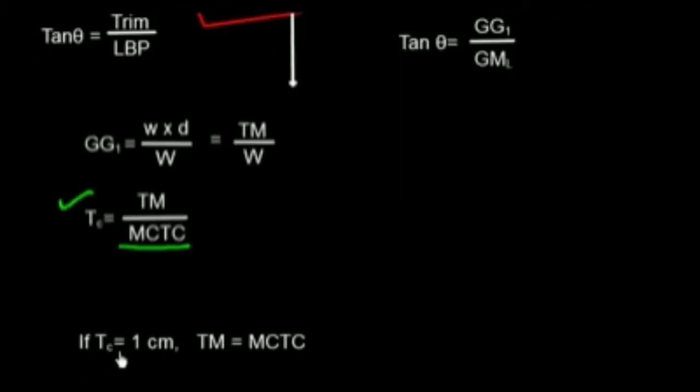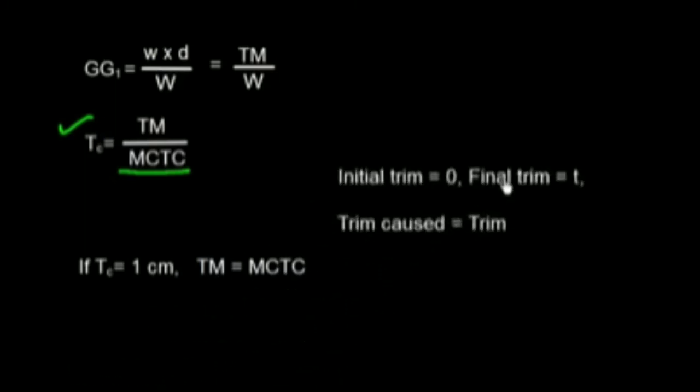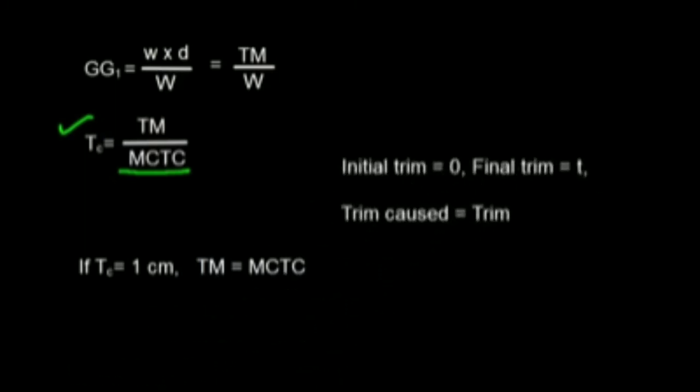So if the trim change is 1 centimeter, we have trimming moment equal to MCTC. We just assume that it is 1 centimeter. Now, suppose the initial trim was 0. The ship was at even keel, and the final trim is say T. So the trim change will be equal to the trim.